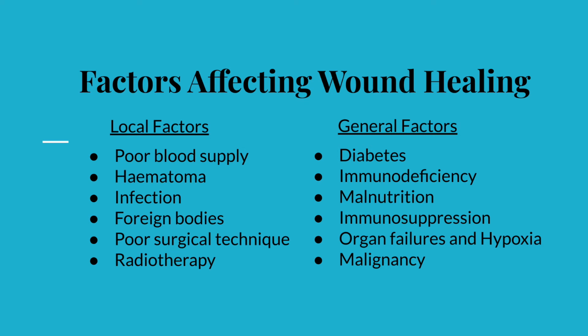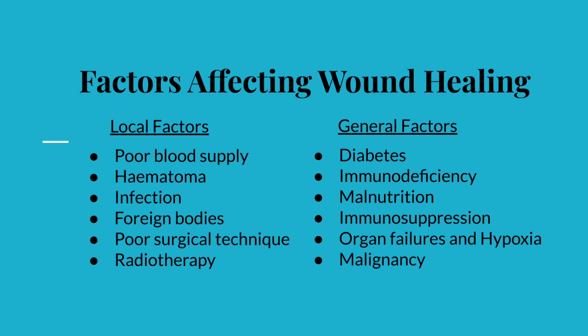Poor surgical technique is also one of the causes that could delay wound healing. Problems like excessive wound suture tension or even the wrong choice of suture material can negatively affect the local blood supply of the wound, hence delaying wound healing. And lastly, there's the presence of radiotherapy, which increases the risks of wound adhesion and breakdown.